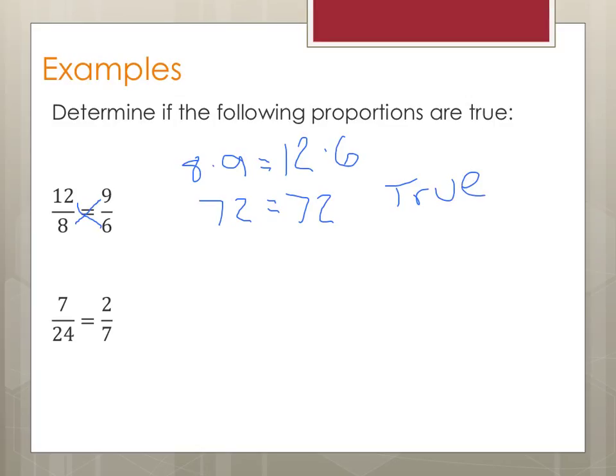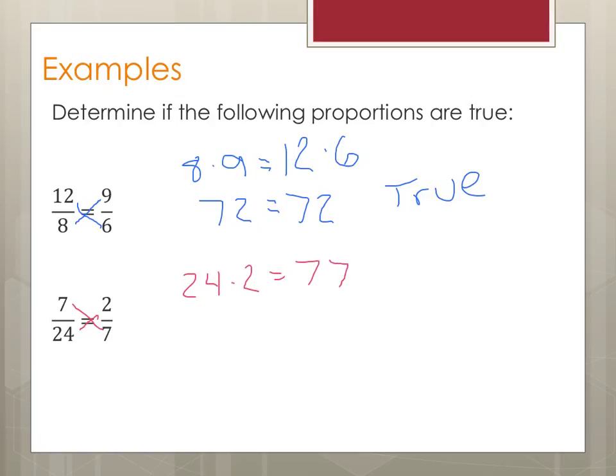Okay. Let's look at the second proportion. 7/24 equals 2/7. Alright, our first cross product is 24 times 2. And if this is true, it should equal the second cross product, 7 times 7.